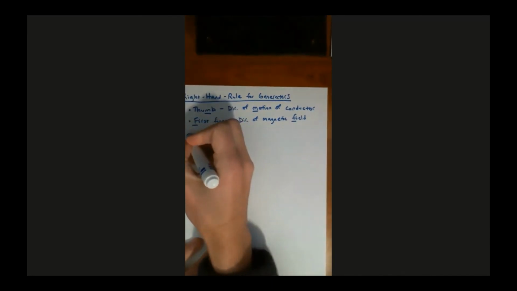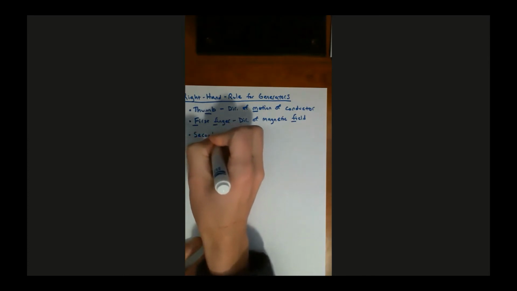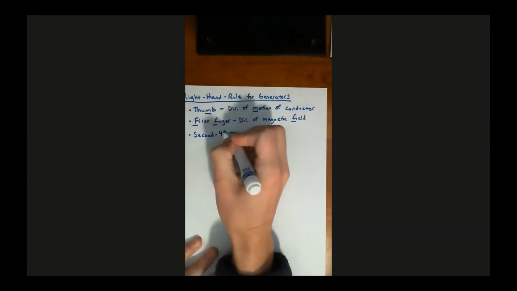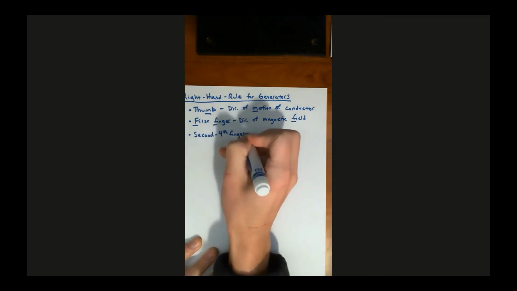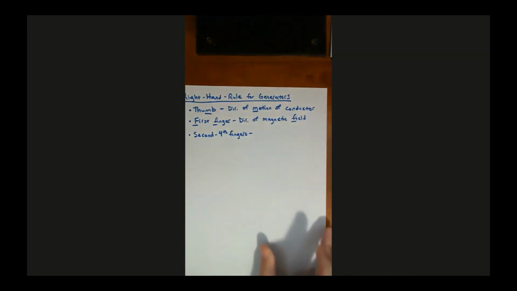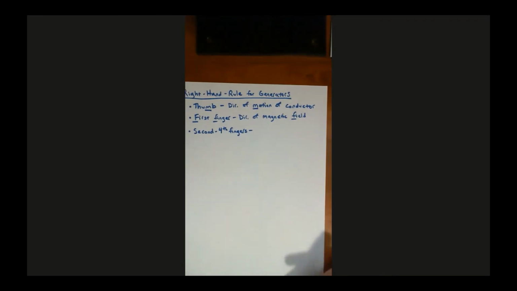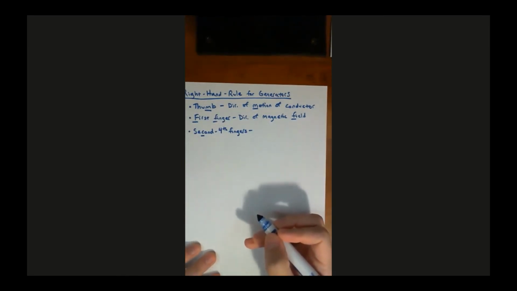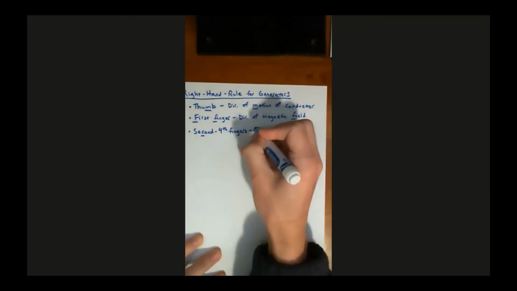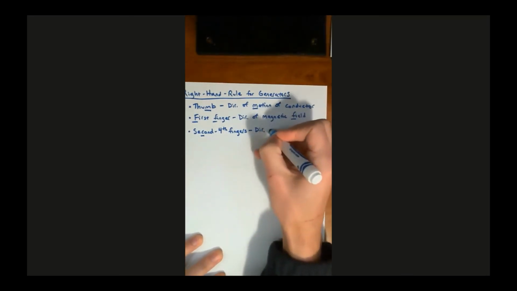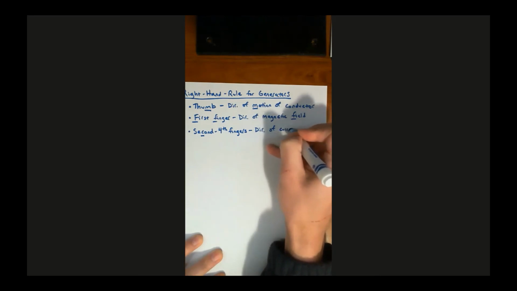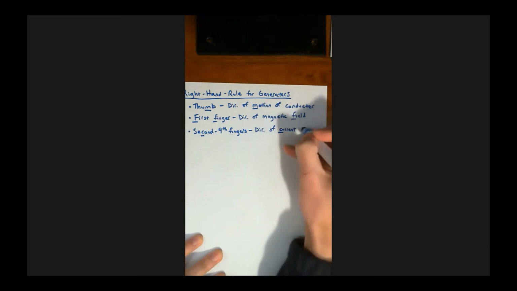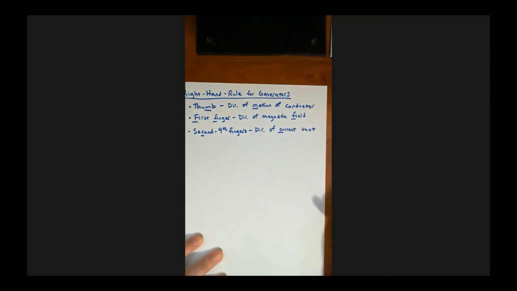And the last part is your second through fourth fingers. I think the mnemonic device is not quite as good with this one, but I try to emphasize the C sound, second through fourth fingers, because that tells you the direction of current that flows as a result of the induced voltage.